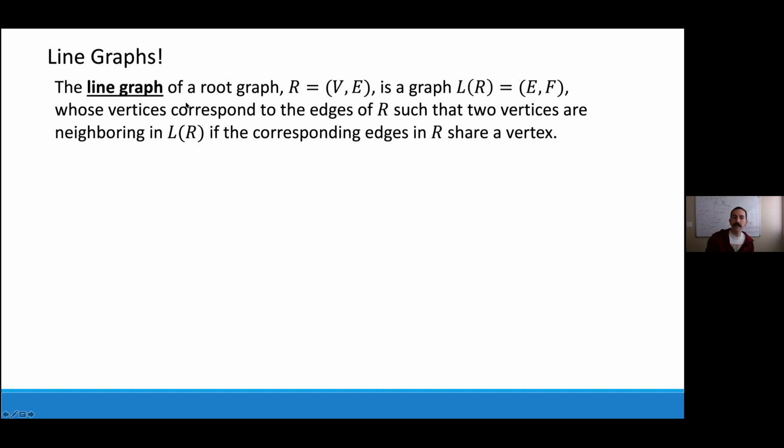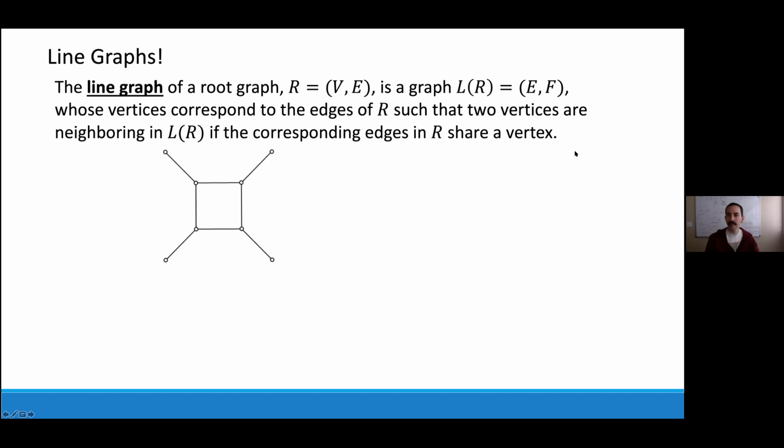Given a fiducial graph, the root graph R with vertices V and edges E, the line graph L(R) is a graph whose vertices correspond to the edges of R, such that 2 vertices are neighboring if the corresponding edges in R share a vertex.